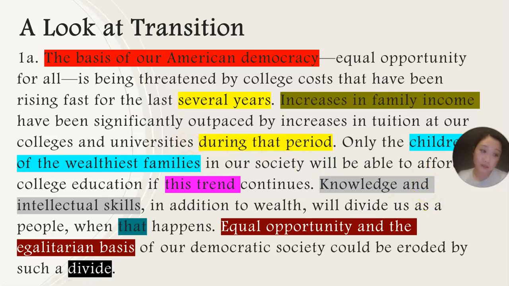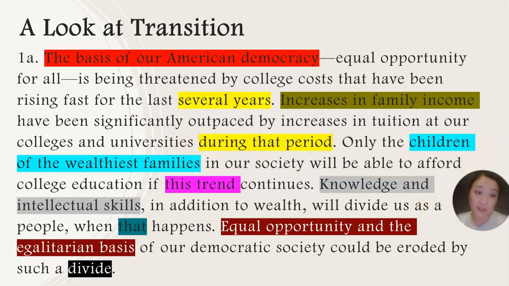Now I know this looks like a mess, and that's because if we look at transitions, it is a mess. Okay, so I have here something highlighted a little different. I have highlighted in this slide the beginning and the ending of each sentence. And every different color is a different idea.